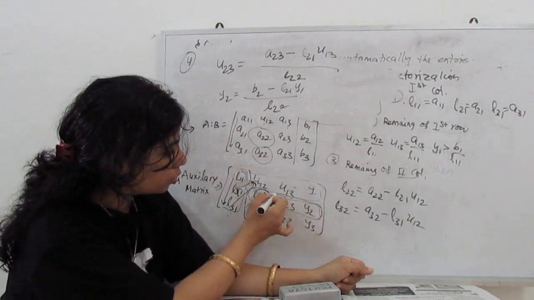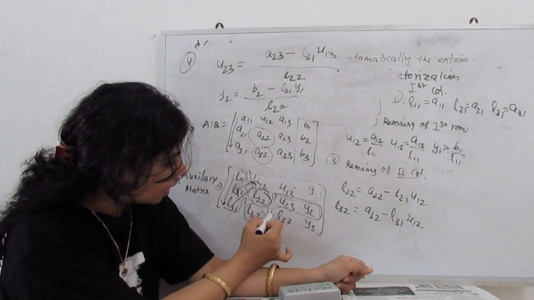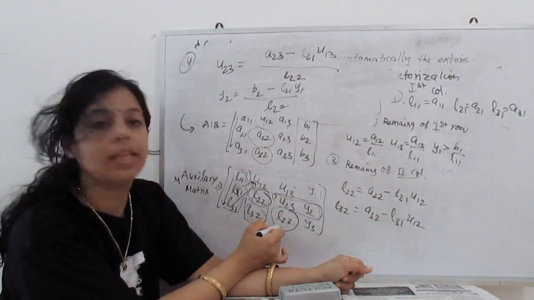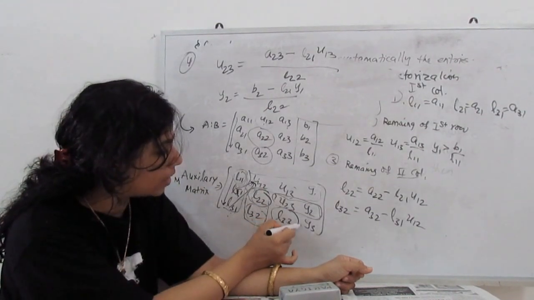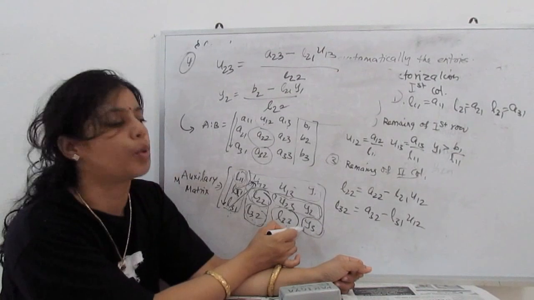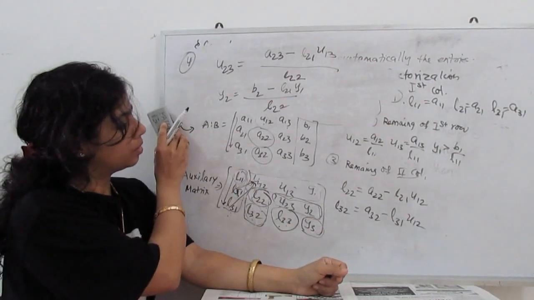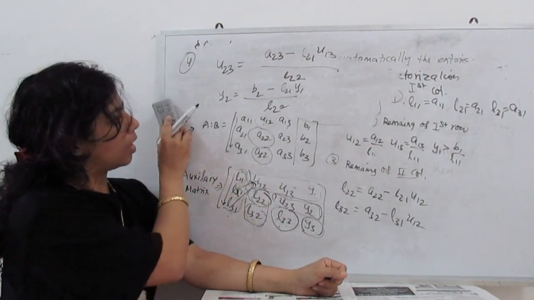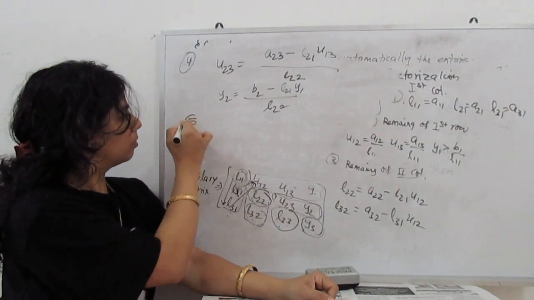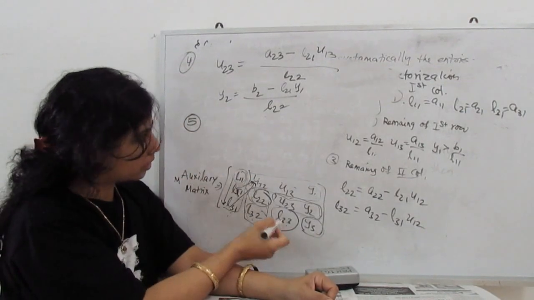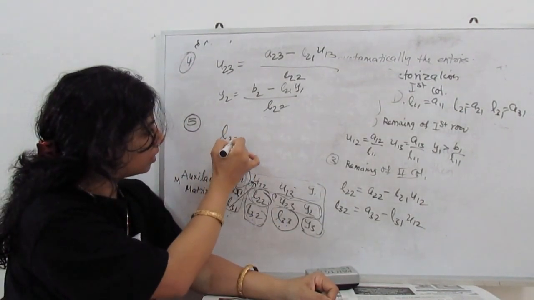Now for the remaining elements, first we find the last element of the third column, and then the last element of the third row. So the next step, step 5, is L33.